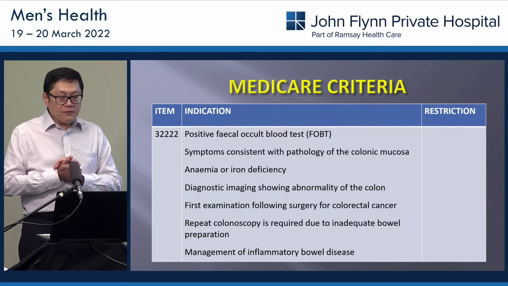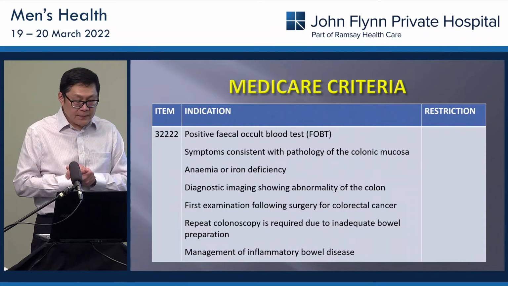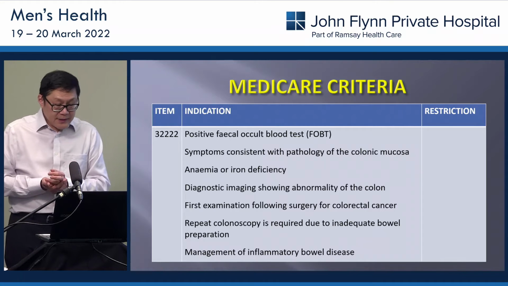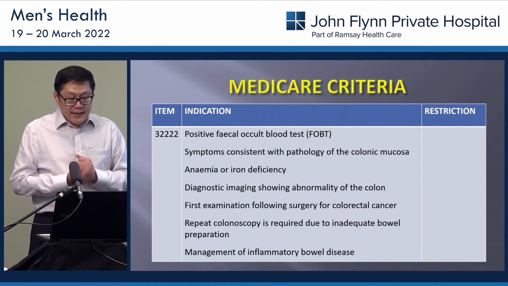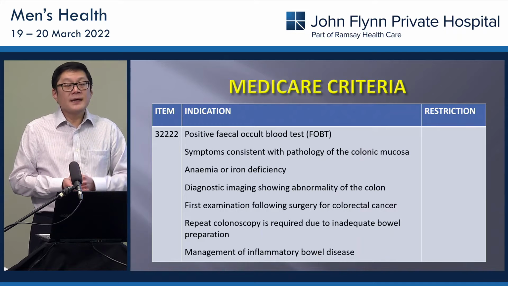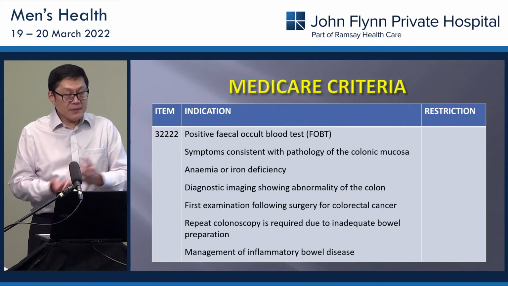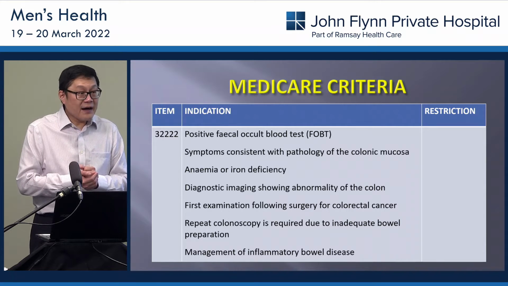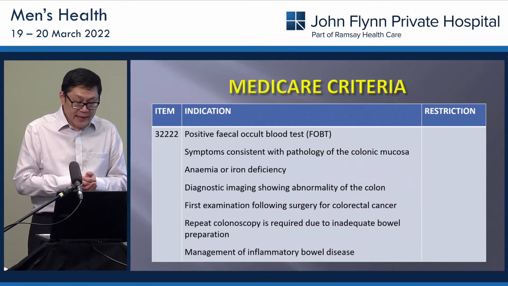Now, a patient will qualify to have a colonoscopy if they've got a positive fecal occult blood test, they have symptoms or new onset anemia, iron deficiency, diagnostic imaging showing abnormality of the colon, such as a CT scan showing abnormalities, or surveillance after having surgery for colorectal cancer.